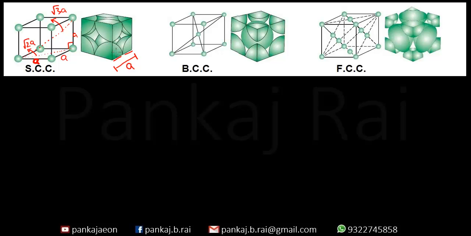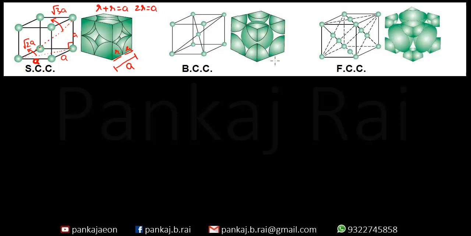So here, this is R, this is R. So we can see that R plus R is a. For this I will write that R plus R is a, that is 2R is equal to a.